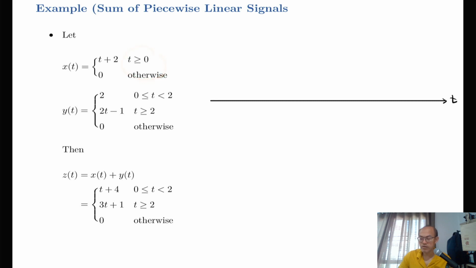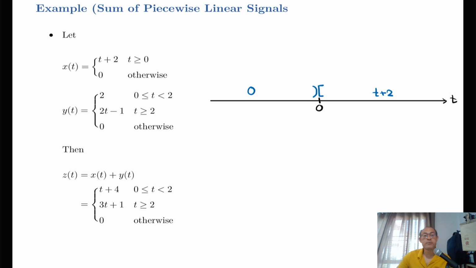So x has only one point, which is 0, so we mark 0 here. When time is positive, x is t plus 2. We mark it closed because it includes 0 as well, and otherwise x is 0, so put an open interval here.